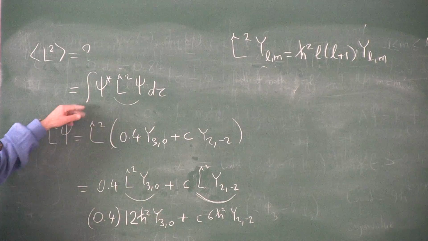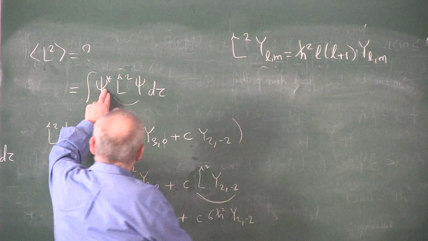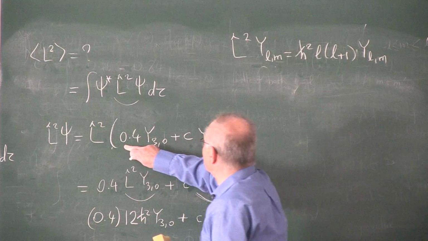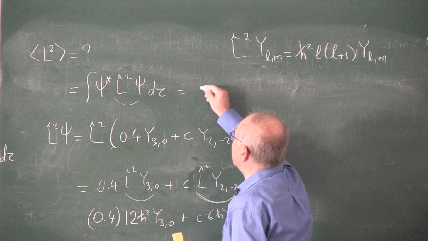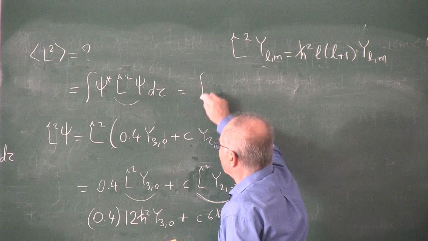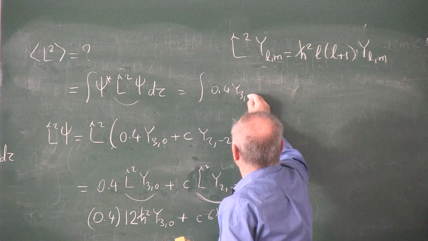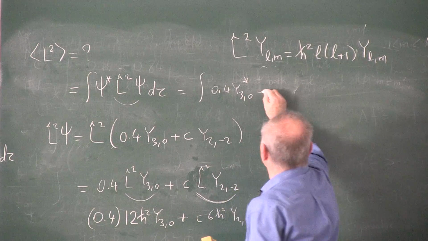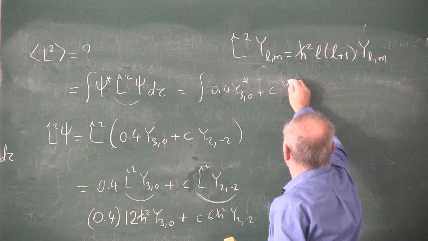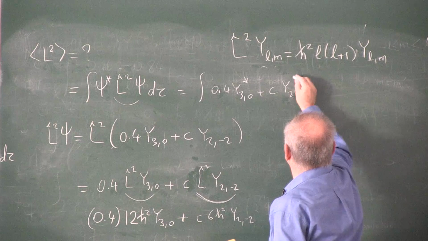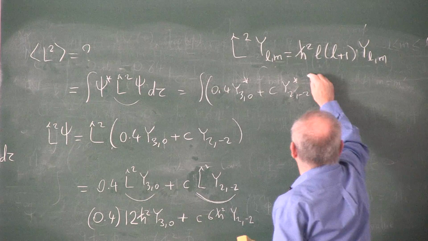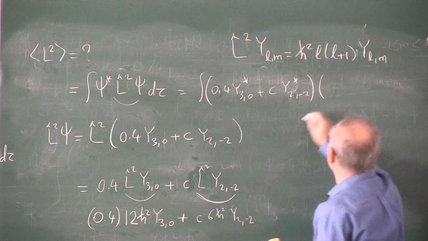Then we multiply from the left, which is, in other words, 0.4 y3 0 complex conjugate plus c times y2 minus 2 complex conjugate. Multiply this simplified expression.